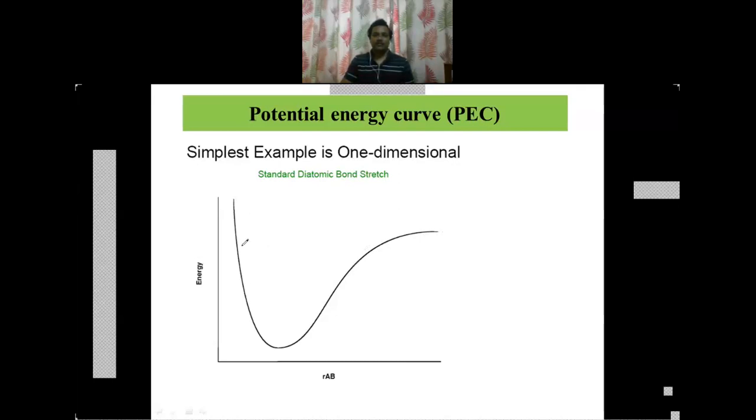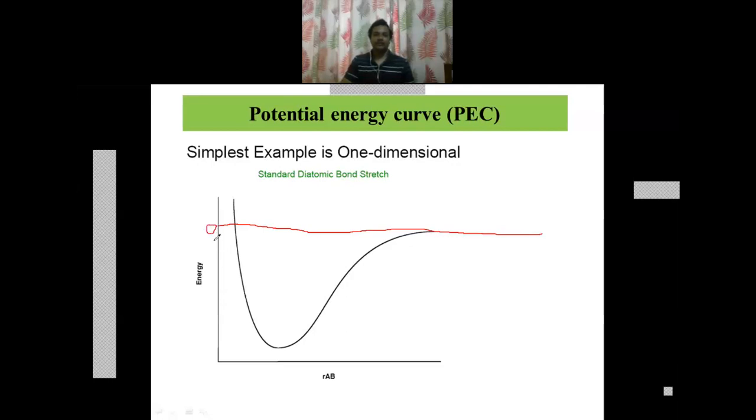the scale can be set anywhere. If you set a zero of energy somewhere here, it is something like this. So this is a straight line, and this value is going to be 0, right?